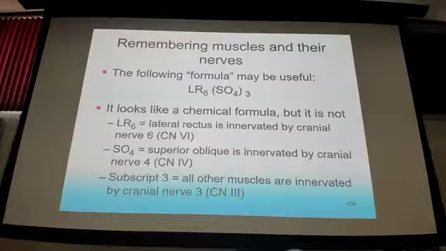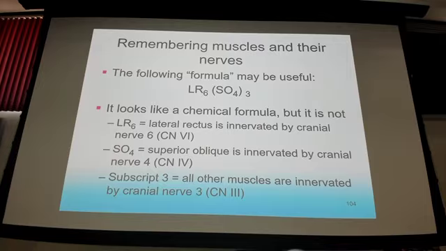So it's LR6, SO4, subset 3. That means the lateral rectus muscle is innervated by cranial nerve 6, superior oblique is cranial nerve 4, and the 3 stands for the fact that the other 4 muscles are all innervated by cranial nerve 3.